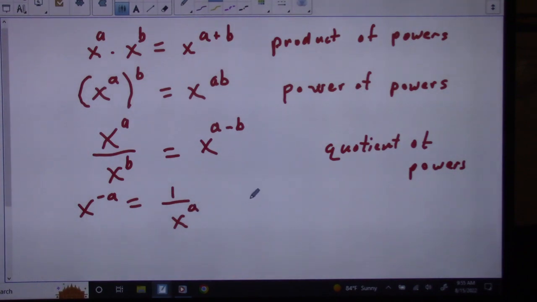Then if you have 1 over x to the negative b, what is this going to be? It's x to the b. And so these are the rules of negative powers.